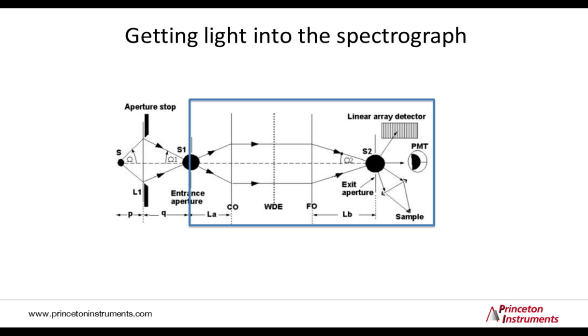There is a sample to the very left, marked with S, that has some extent and emits light under a certain angle. It hits an aperture, typically an imaging optic, for example, and it's focused on the entrance slit of the spectrograph. There are then various elements we described before: the collimating optics, the dispersive element, the focusing optics, and finally the exit aperture, where typically the detector of the spectrograph sits. So what needs to be taken care of to optimize this?